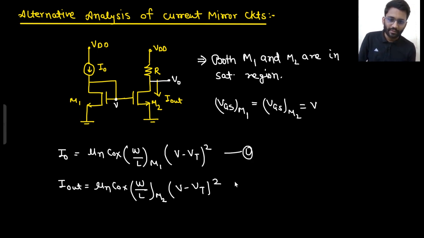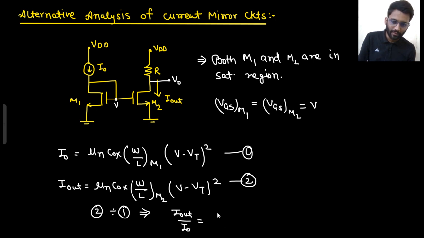Let's call this equation 1, this equation 2. So equation 2 divided by equation 1. What do you get? I out by I naught would be equal to W by L of M2 divided by W by L of M1. So from here, what do you get to know?